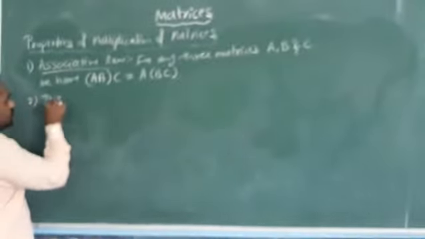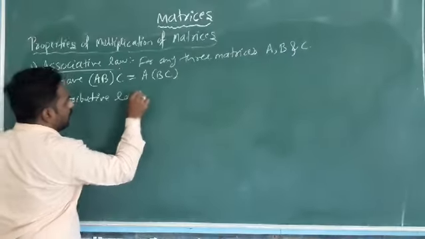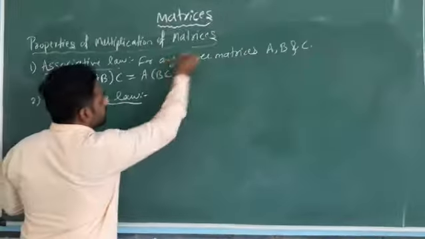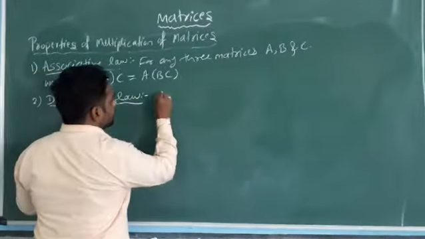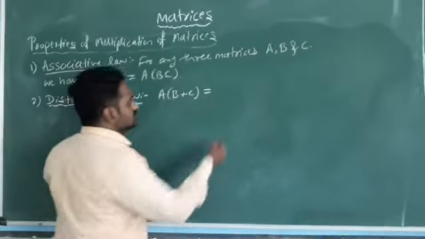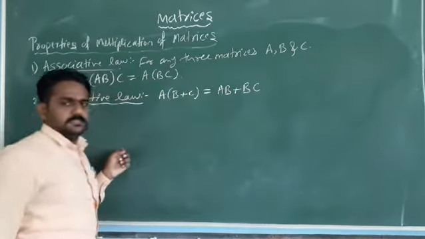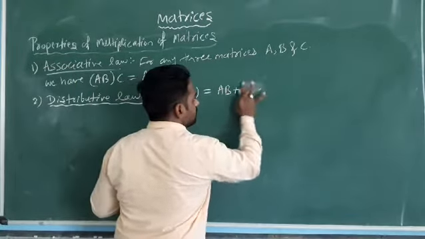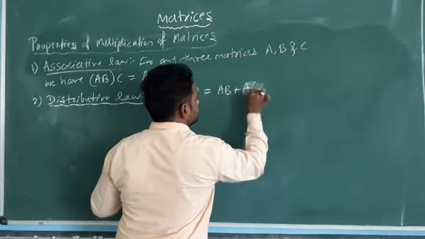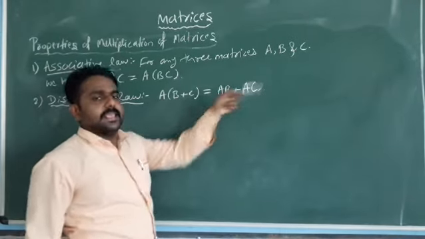Next, second one, distributive property or distributive law. For the same three matrices, A into (B plus C) gives the product AB plus AC.